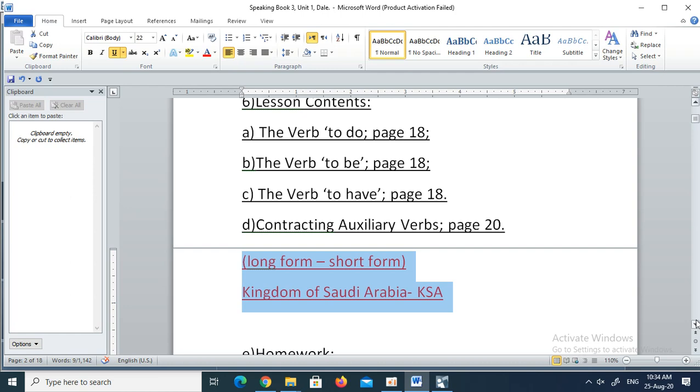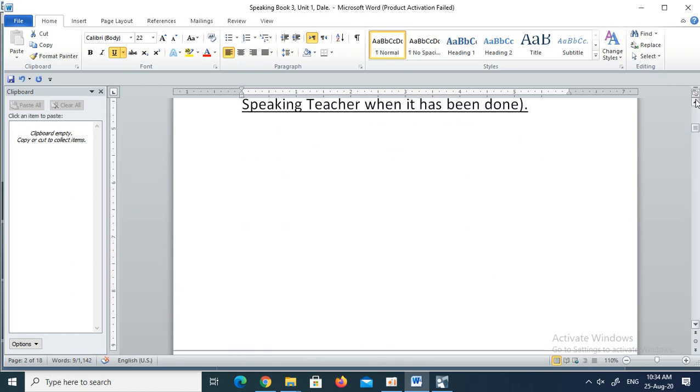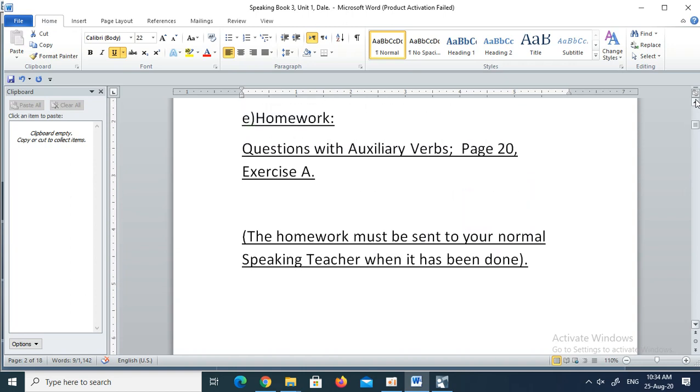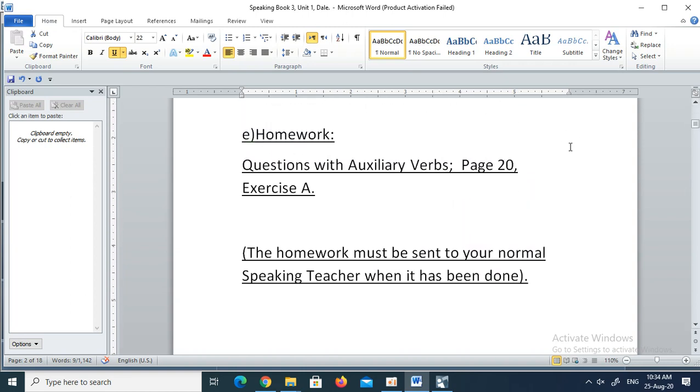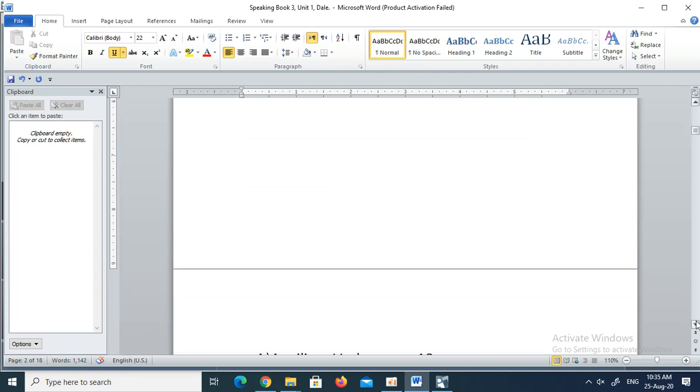The homework today is going to be from page 20 and it will be exercise A, and it will be about making questions with auxiliary verbs. But don't worry about that now. We will cover it at the end of the lesson.